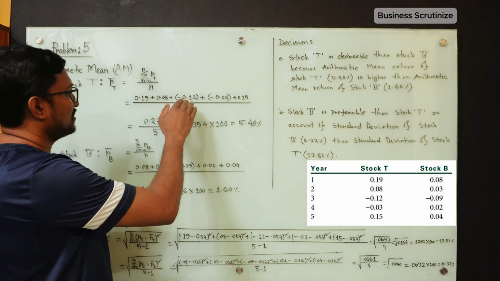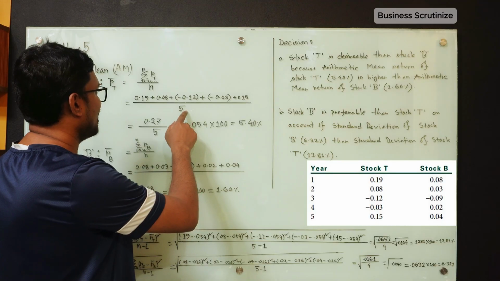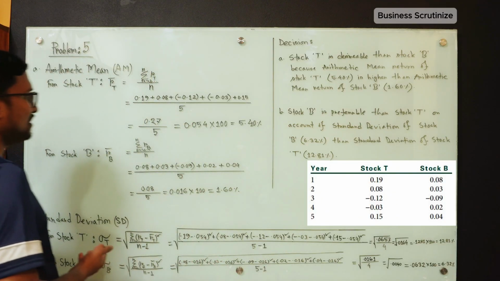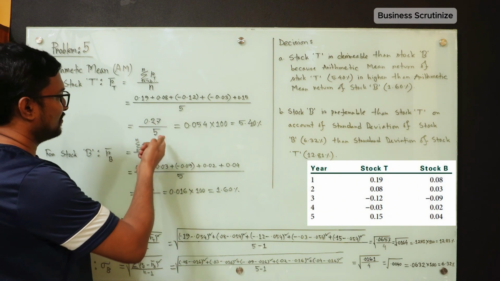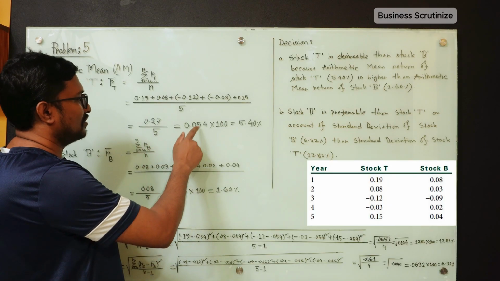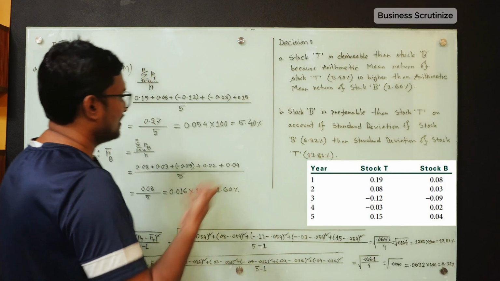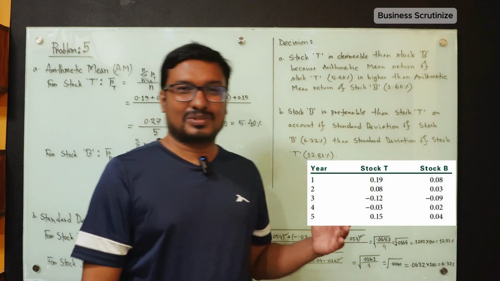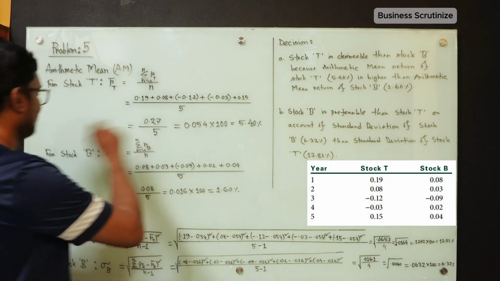So first of all we input the data from the problem, and that should be divided by 5, the number of years or number of returns. If we sum, it is 0.27, and we divide it by 5, and after division we have 0.054, which should be multiplied by 100 to show the rate of return in percentage, so we get 5.4%. This is the way we can compute the arithmetic mean for stock T.